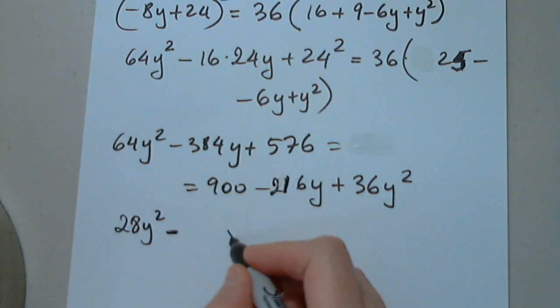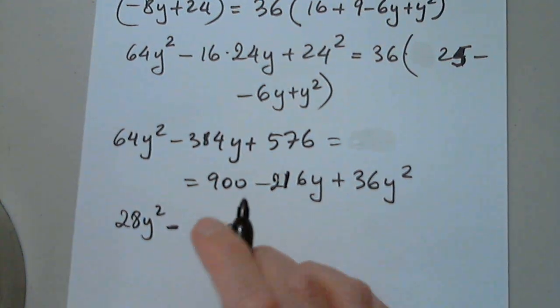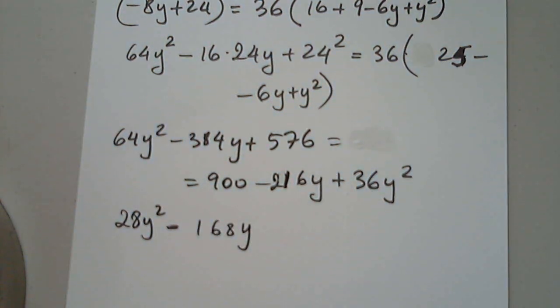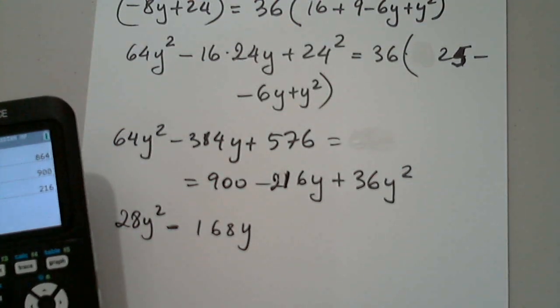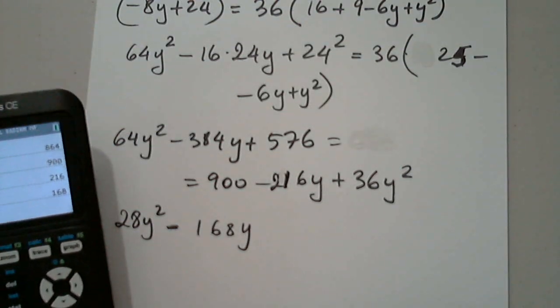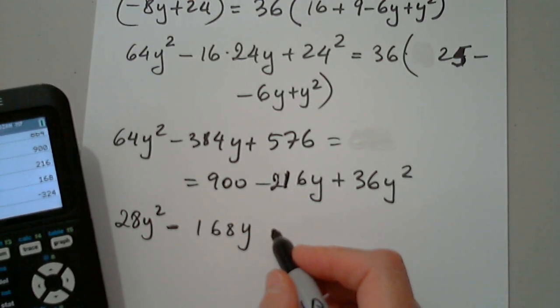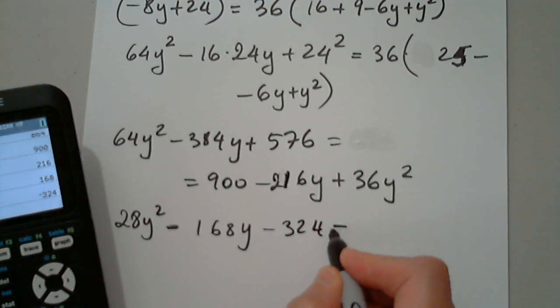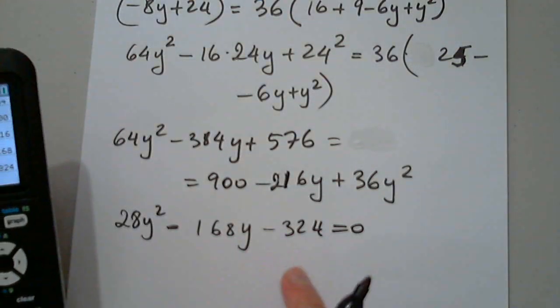So that's an 8, that's a 6, and that's a 1. Please catch my mistakes here. That's what I got. Okay, so minus, so keep an eye on this. And then 576 minus 900, so negative 324.